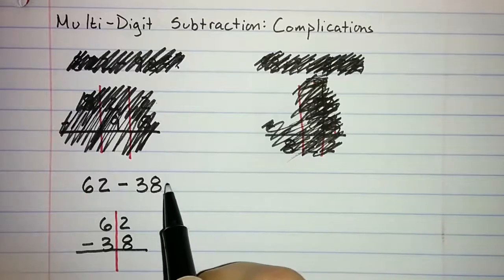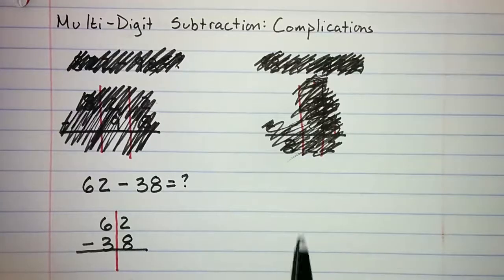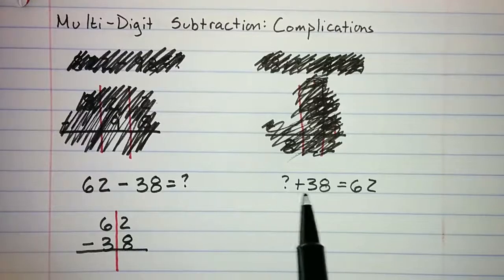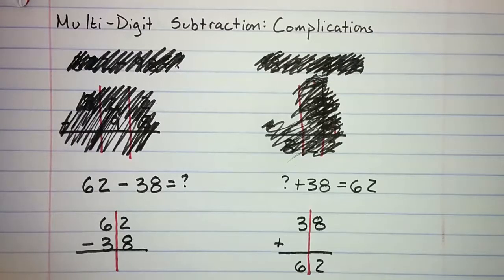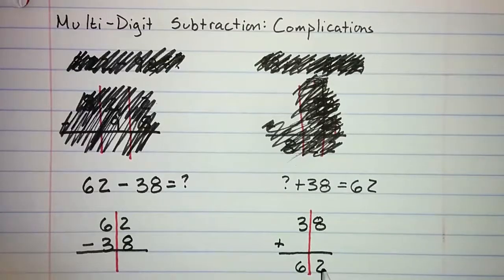What's going on? Well, remember, this is the same question as what plus 38 is 62. Somehow, when we were doing this addition, we took 8 plus something and wrote a 2 here. What must have happened? It must be that when we took 8 plus something, we got not 2, but 12.